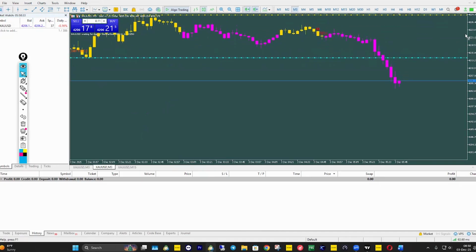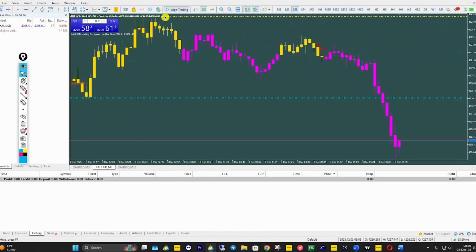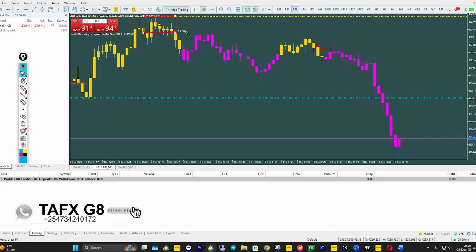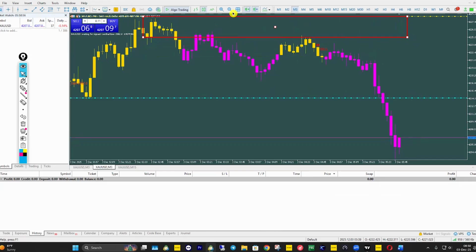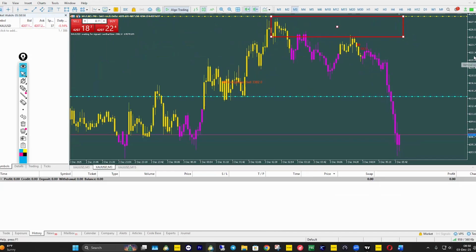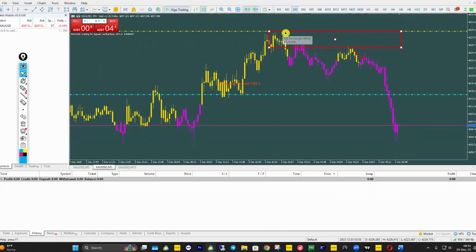So let me do it like this. We all know, if you want to draw what we call a supply, this is the last candle, right? So you will draw it like this one, all right? This is how you will draw the supply. Where is this line? Because this is what I want you to mark.